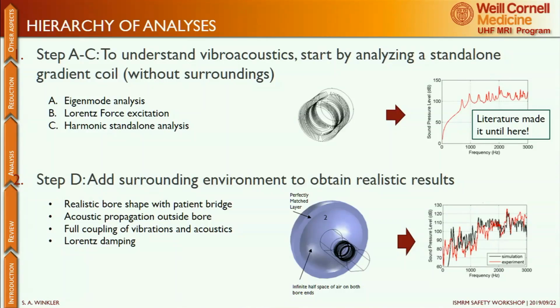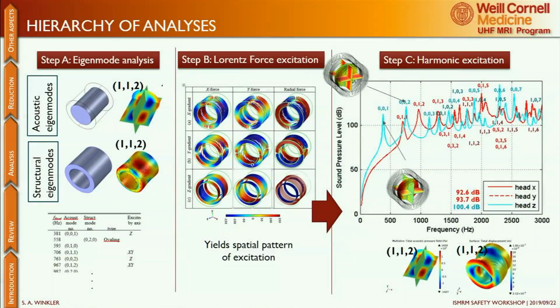And as you can see, this is a lot simpler than what's actually happening. So the simulation compared to the experiment has a pretty good fit, I would say. But we also need to look at this to actually understand things. And literature before I started made it somewhere until here, approximately. So it's good that we now have computational power to look into more detail.